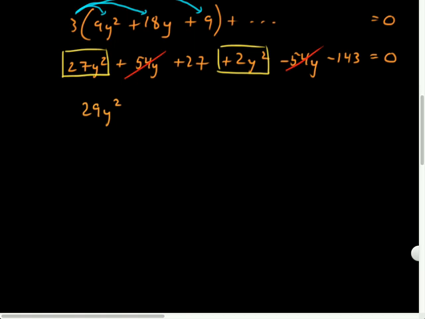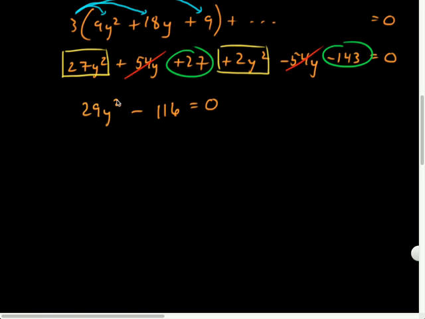Then I can combine my constants, 27 and negative 143. 143 minus 27 is 116, and it takes the sign of the more influential one, negative.